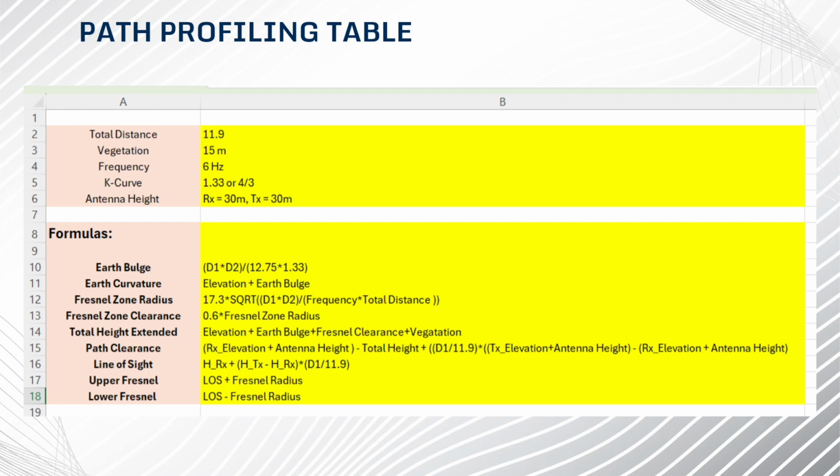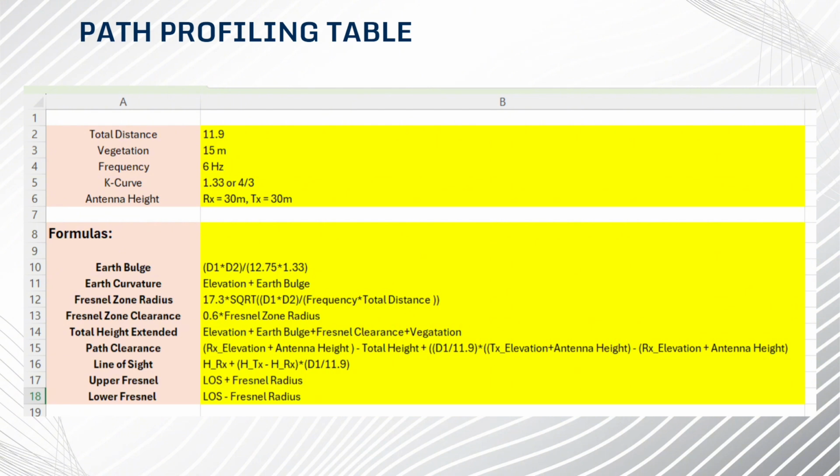For the formulas in each component to complete the table, the following apply. Earth bulge is distance 1 times distance 2 over 12.75 times 1.33. Earth curvature is equal to elevation plus earth bulge.